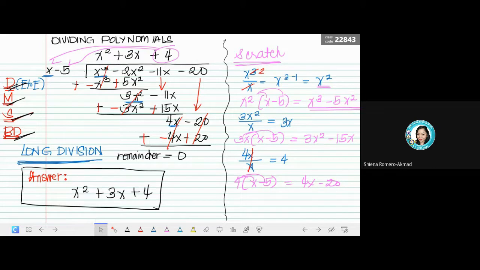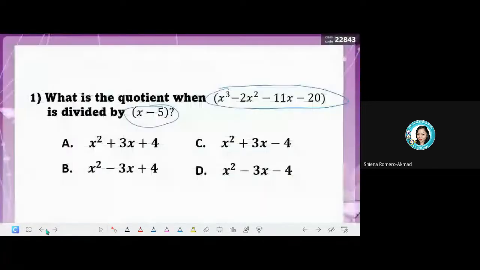Lagay nyo 3x doon sa comment para alam ko kung sino yung pito na nanonood. Lagay nyo po 3x. Ayan. So maraming nakaintindi. So ang sagot natin dito is x squared plus 3x plus 4. So that is letter A.